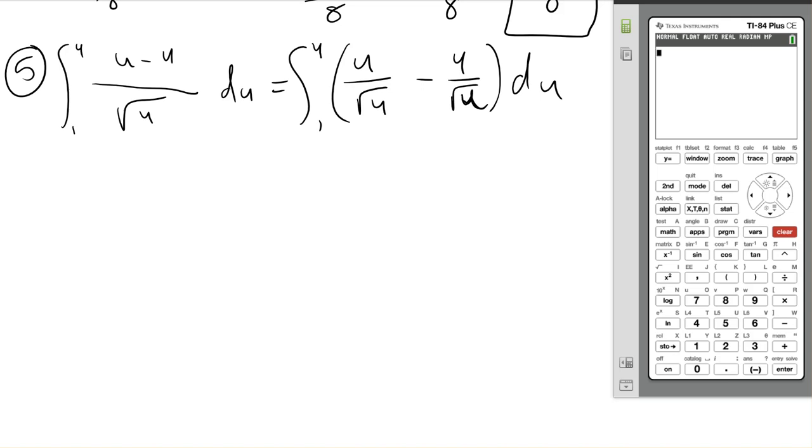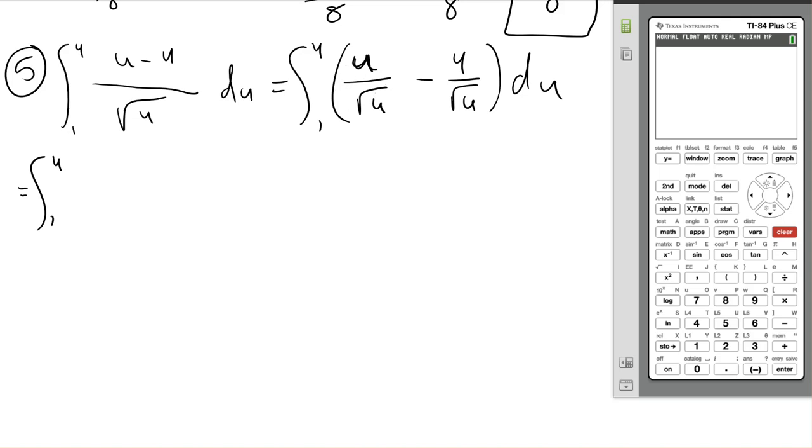My 4's and my u's look similar, so I've got to be careful here. I've actually already confused myself. That's a u, that's a u. Okay, and then I still don't really feel ready to integrate, but I would rewrite this.